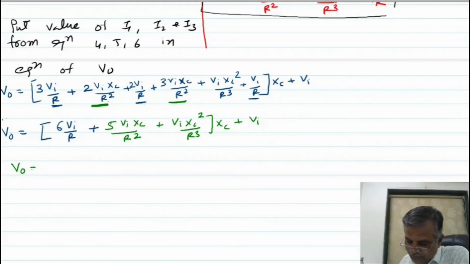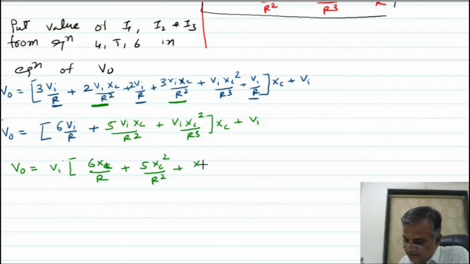Vo is equal to Vi taken common: 6 Xc by R plus 5 Xc square by R square plus Xc cube by R cube plus 1. So gain is equal to Vo by Vi.